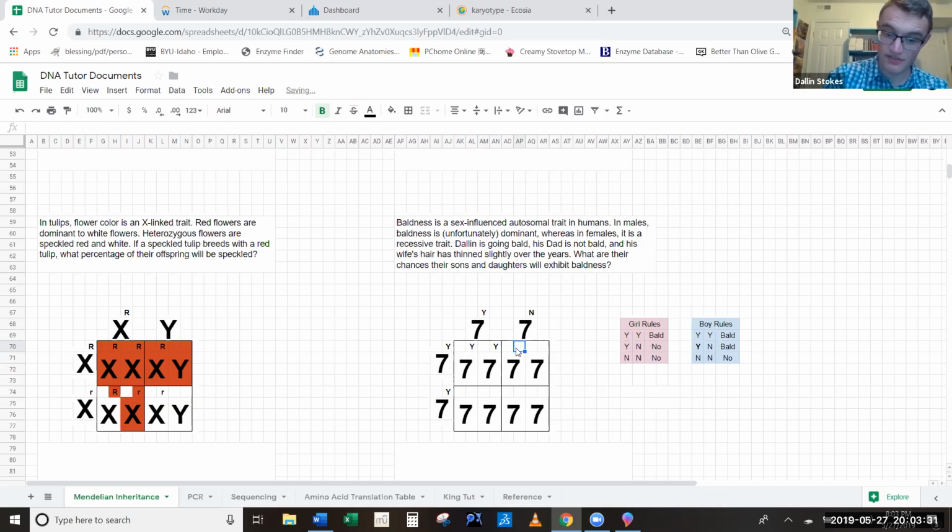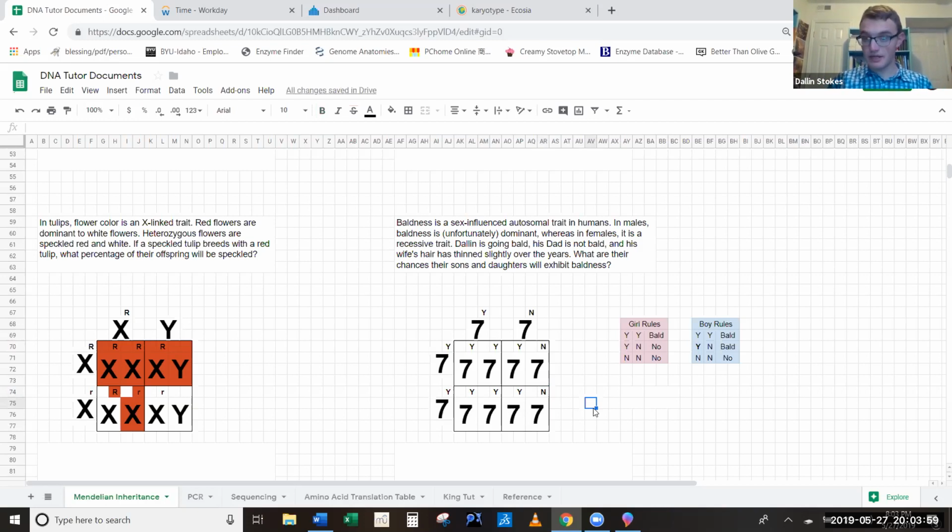Mom gives a chromosome 7, yes. Dad gives a chromosome 7, no. Dad gives a chromosome 7, yes. Mom gives a chromosome 7, yes. Mom gives a chromosome 7, yes. Dad gives a chromosome 7, no. Perfect.